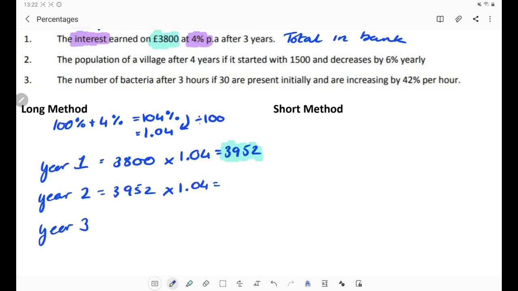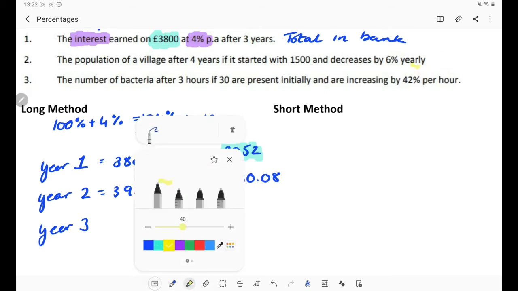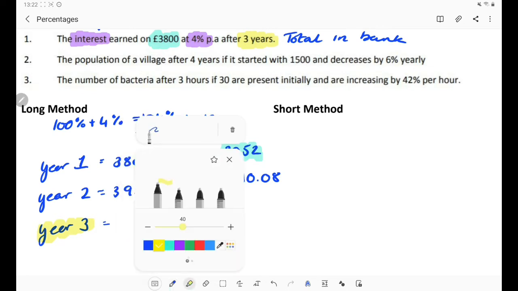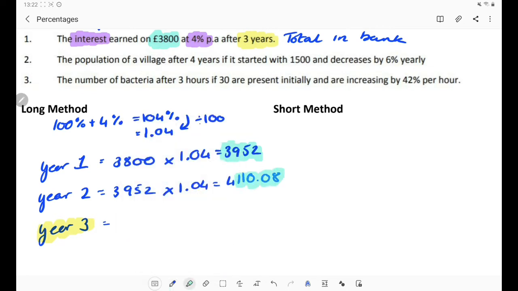Again, take the time, type it into your calculator, make sure you are confident that you're getting the same answers as me. And for year 3, because remember we are doing this for 3 years, we take the amount, same as before, and we substitute that in.